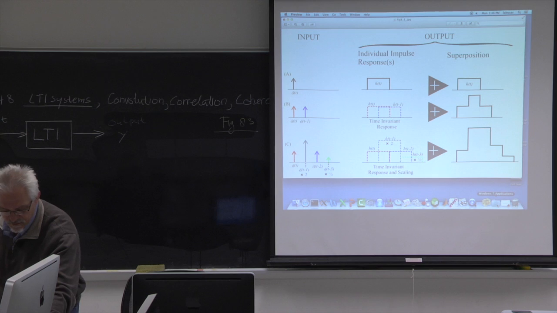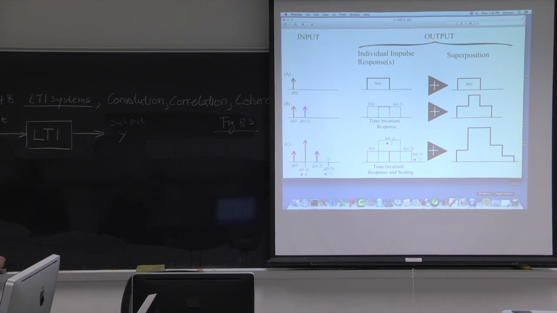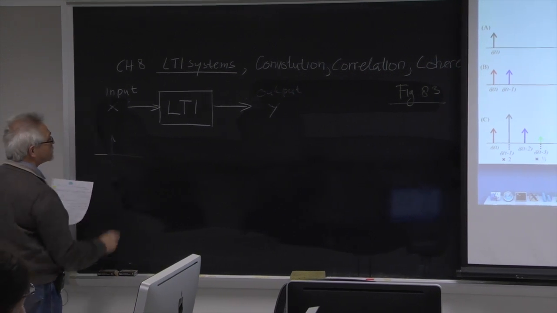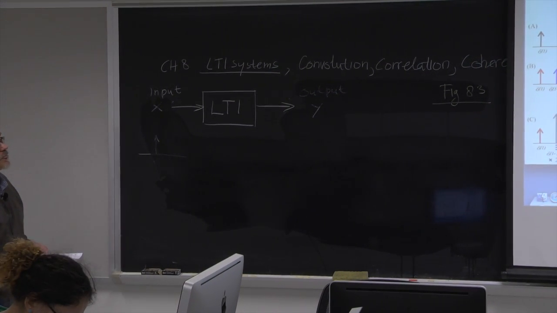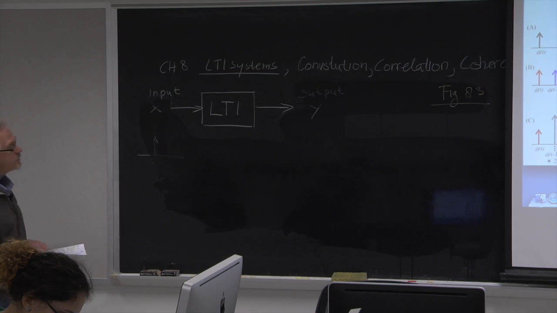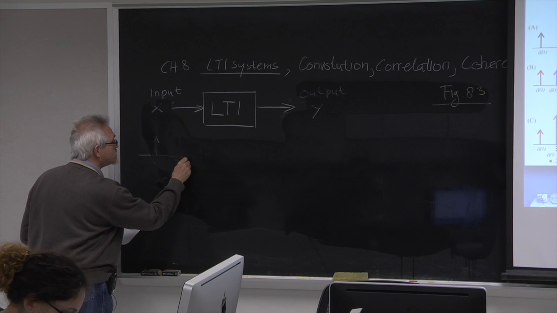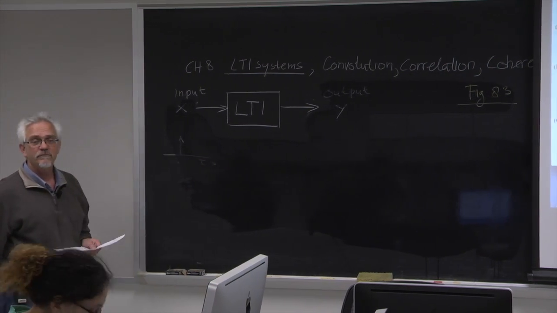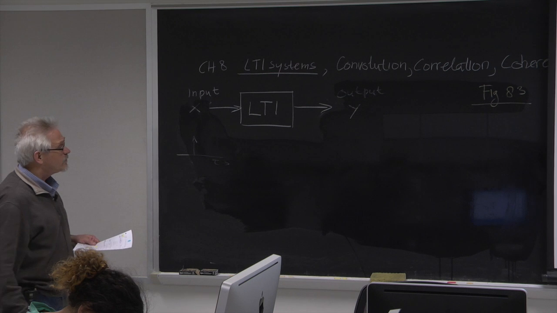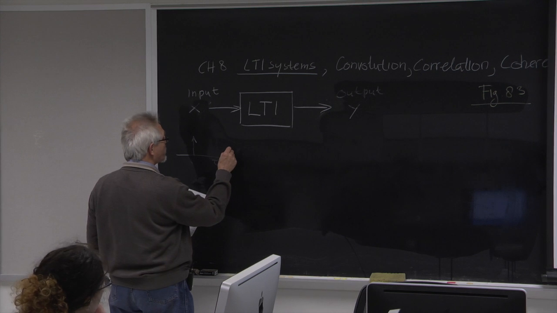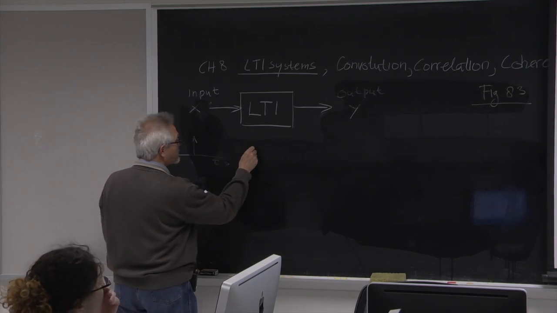In this case, we start with some input like a unit impulse response, and in order to keep it usable for a little bit later, we just change variables. Instead of time t, we now use tau for time. And let's say that we offer it a delta function, delta tau.